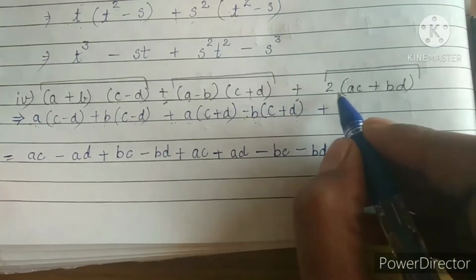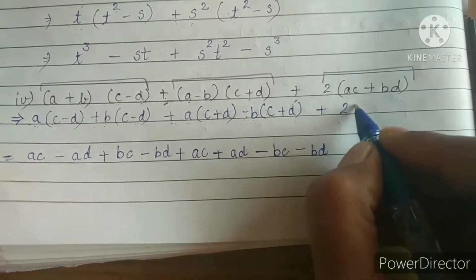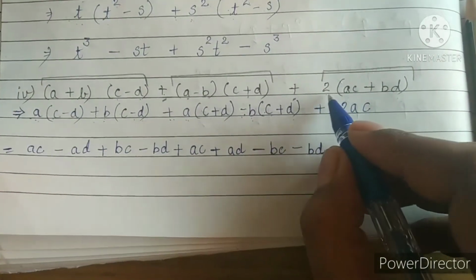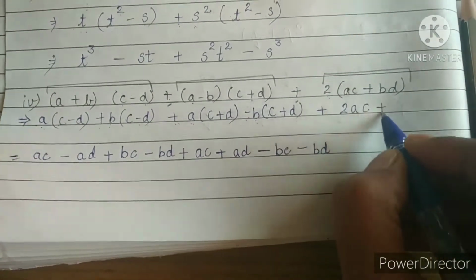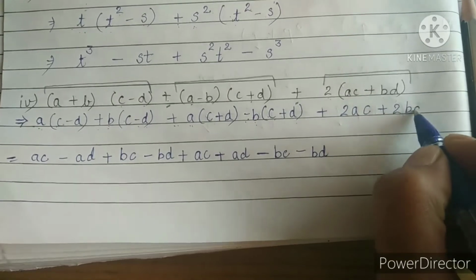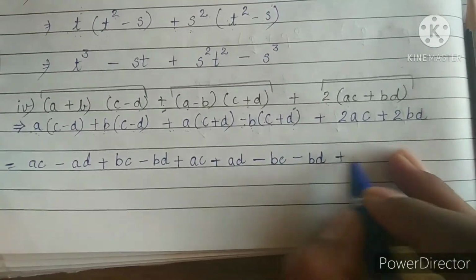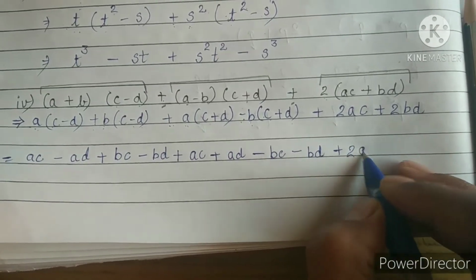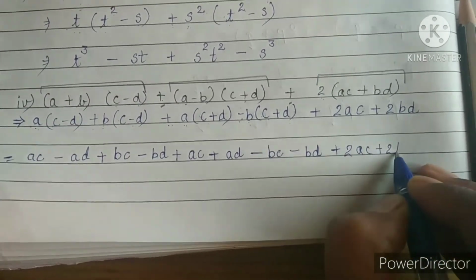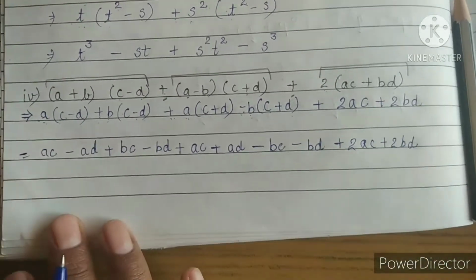Third one is simple. 2 into ac is 2ac, 2 into bd is plus 2bd. It will again be the same as it is in the second line, that is 2ac plus 2bd.